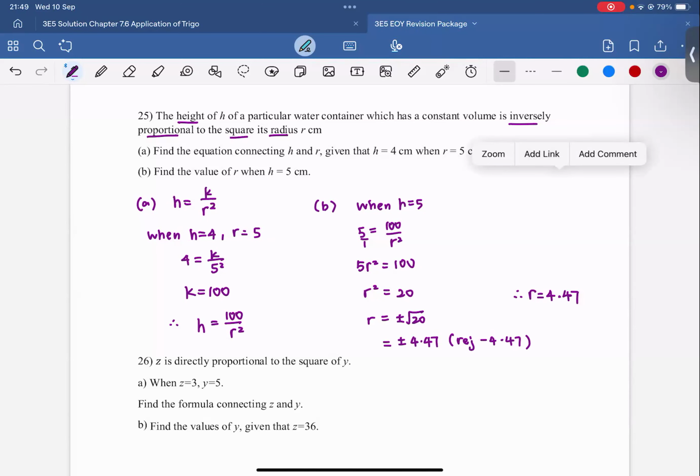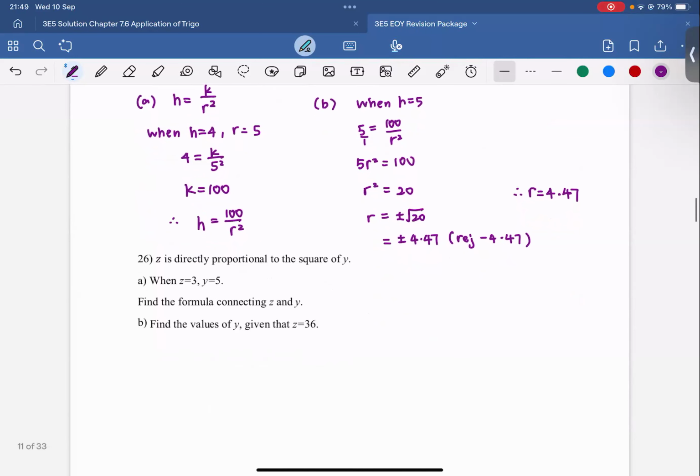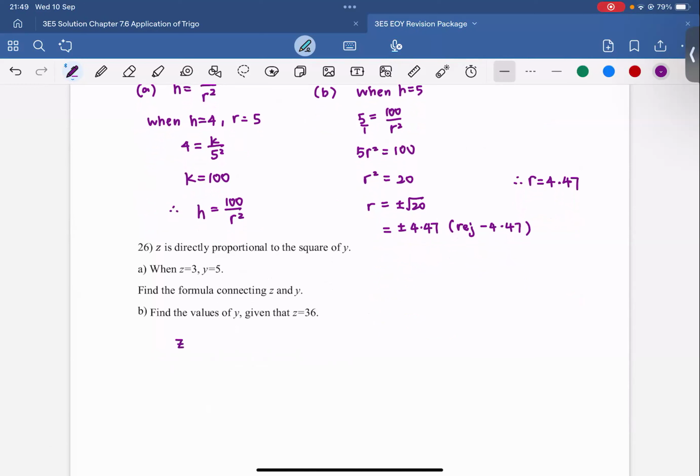26 is directly proportional. When it's directly proportional, what do we write? z is directly proportional, means k times what? Square of y. So this is square of y, that's why y squared. Find the equation connecting z and y. So we haven't formed it yet, we need to find the k. So when z is 3, y equals 5.